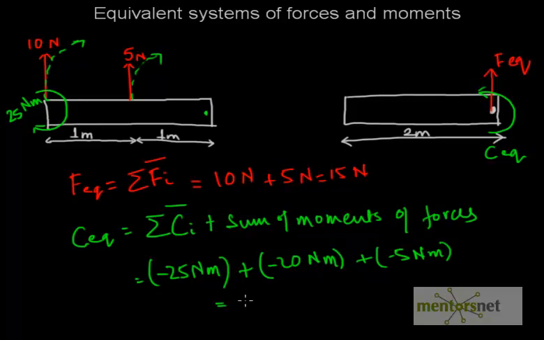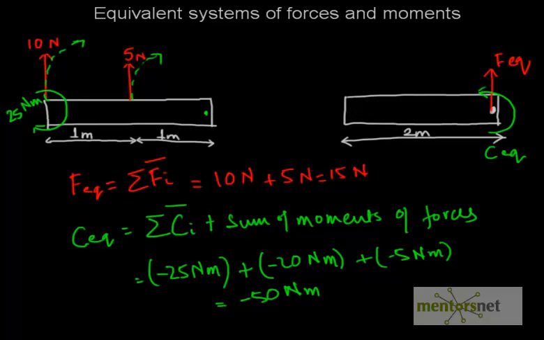The total is minus 50 Newton meter. So basically, if we apply a force upwards of 15 newtons and a clockwise couple of 50 Newton meter, basically a counterclockwise couple of minus 50 Newton meter, this bar will behave identical to this bar.